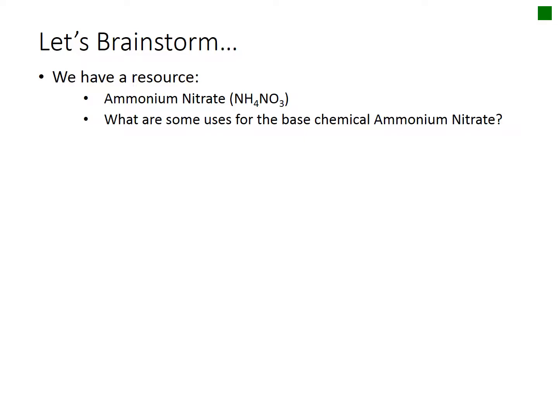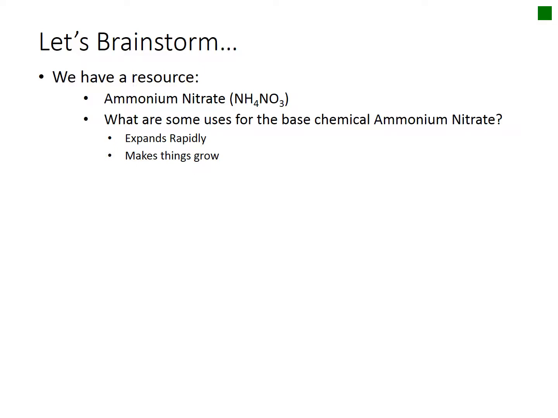So let's say that we have a resource and our company has a laboratory, and we have this as a source that we can tap into and have access to.